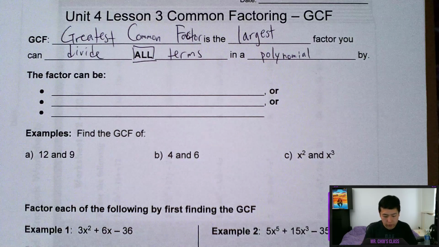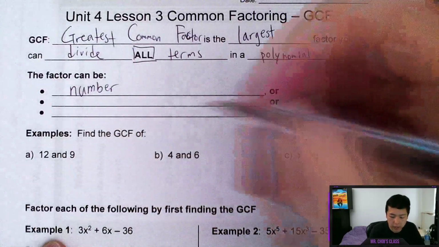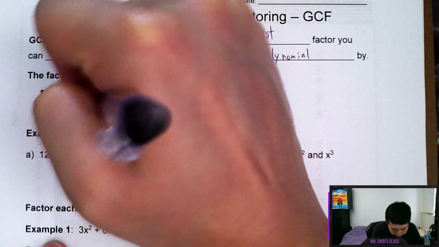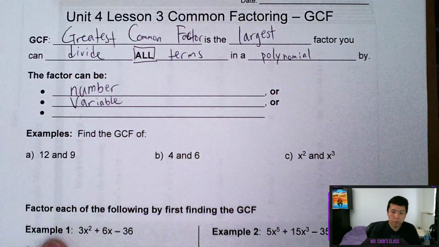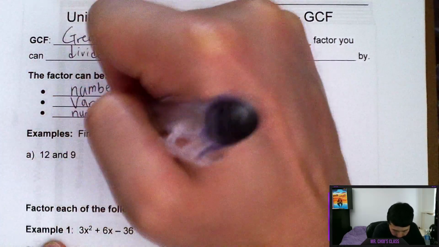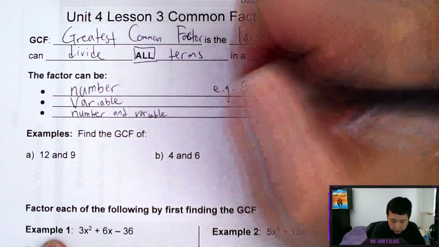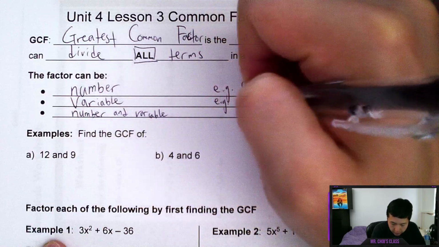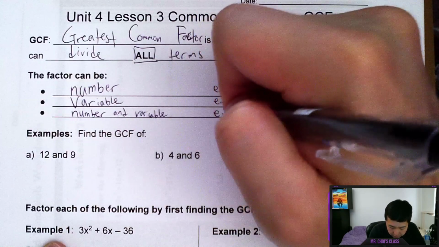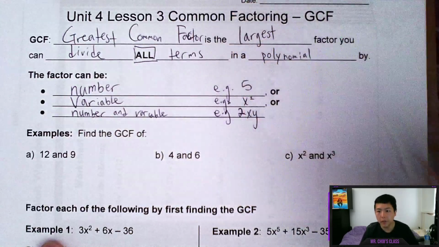So this factor can be a number, a variable, or a number and a variable. For example, a number could be 5, a variable could be like x squared, and a number and a variable could be something like 2xy.